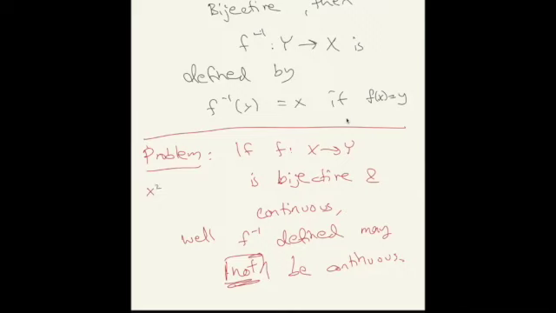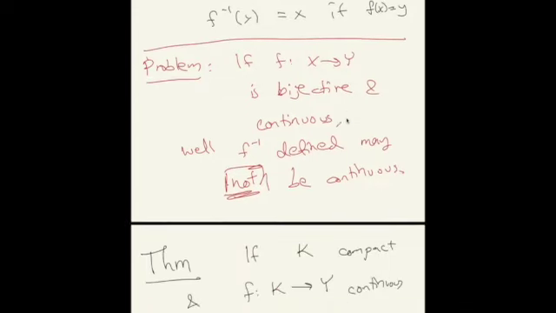If you have x squared, its inverse function is square root of x, say thought of as a function on the non-negative real numbers. Both of these are continuous, but one of them is worse than the other because square root of x is not differentiable, whereas x squared is differentiable. So in analysis, inverse functions can be worse than the function itself.